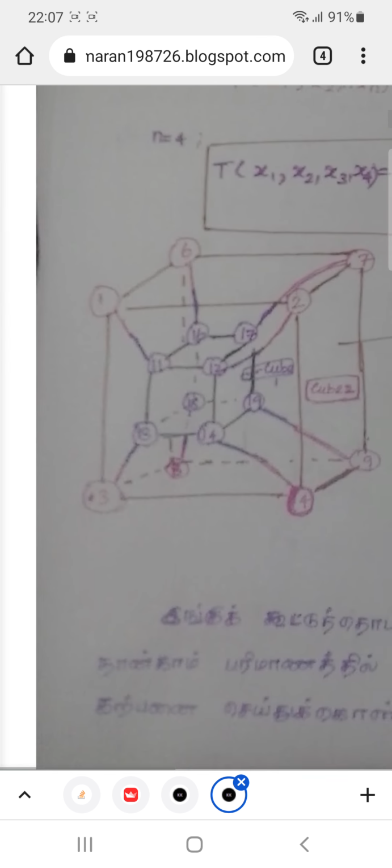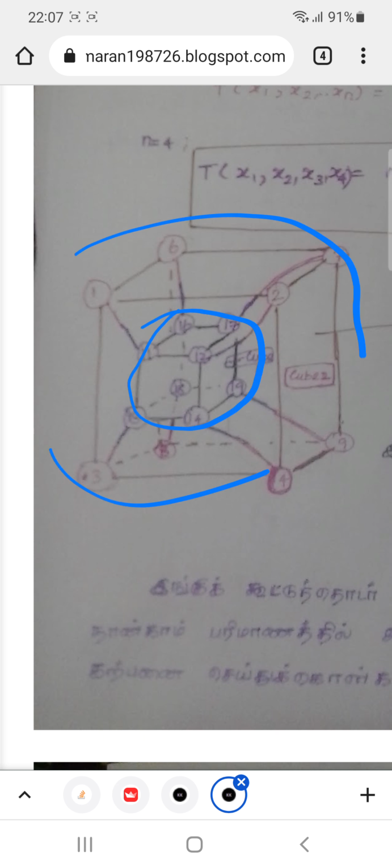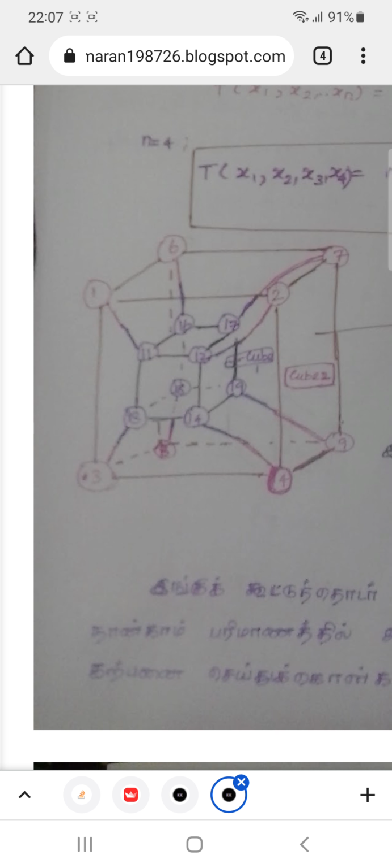And likewise, if I take an example of a cube, this is one cube and this is another cube, okay? I am taking one particular example.